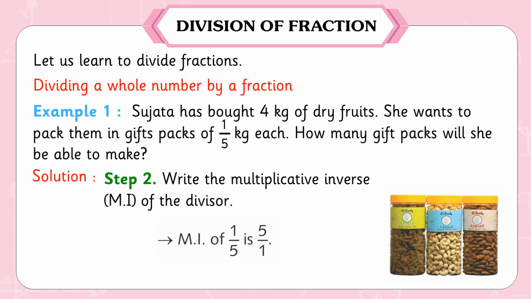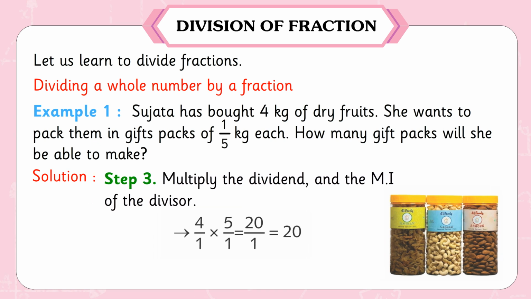Inverse of 1/5 is 5/1. Step 3. Multiply the dividend and the multiplicative inverse of the divisor. 4/1 into 5/1 is equal to 20/1 is equal to 20. Answer. Sujata can make 20 gift packs.